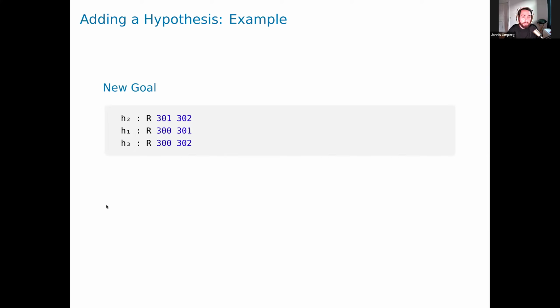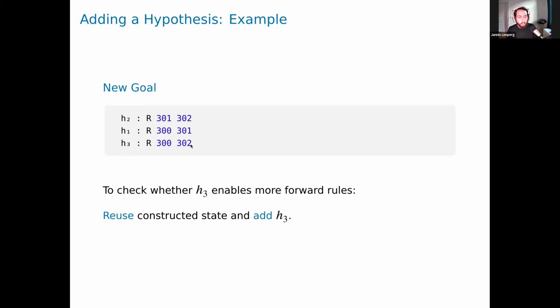Right, so we get a new goal, right? We've discovered a new hypothesis, H3, that goes from 300 to 302. And here's kind of the crucial thing about this new approach.